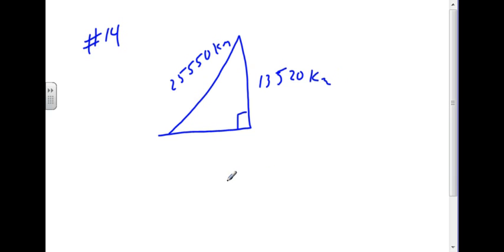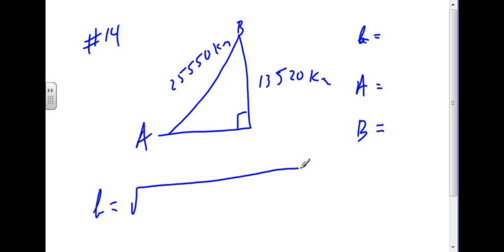What good is that? Okay, so we want to know little a, actually little b, a, b, and we want to know a and we want to know b. So those are the things that we want to know. We'll use the Pythagorean theorem and say little b is square root of 25550 squared minus 13520 squared.